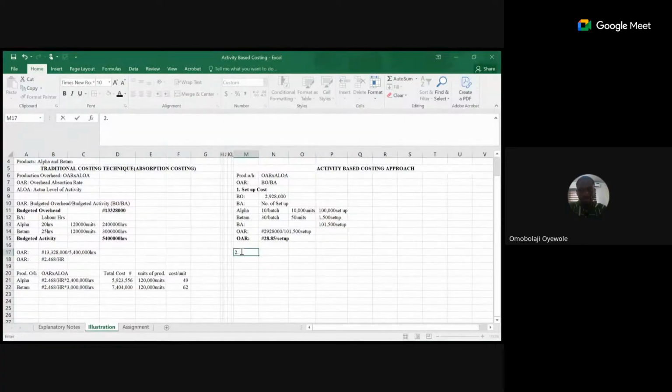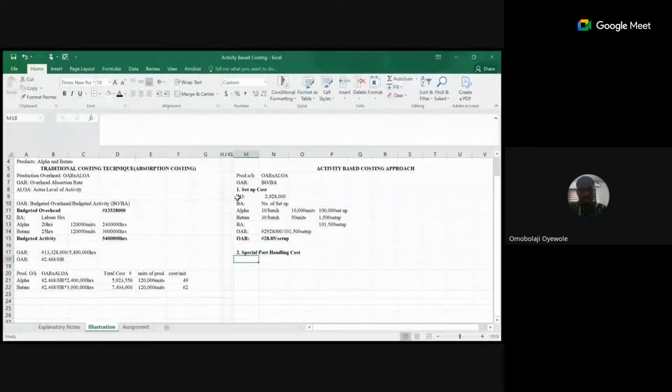what's number 2? Special parts handling costs. Let me bolden it. Now we go again in the same vein. So what's the overhead for special parts handling costs? 2,400,000, right?